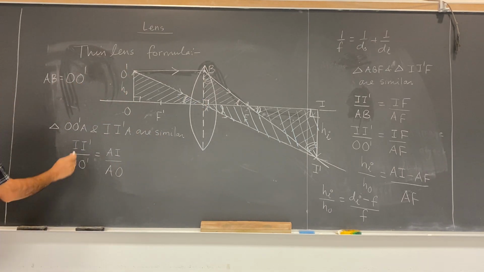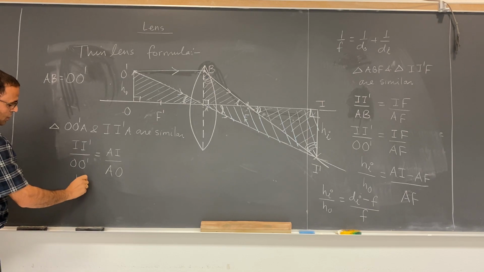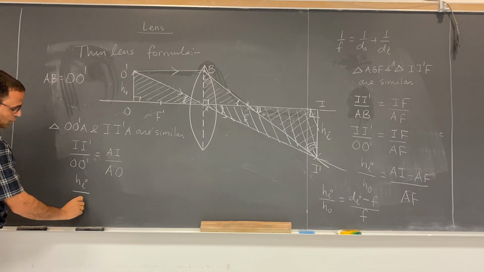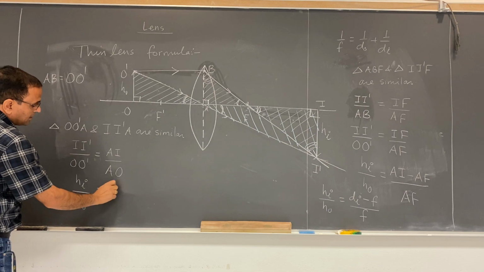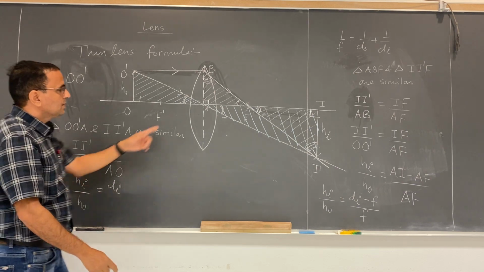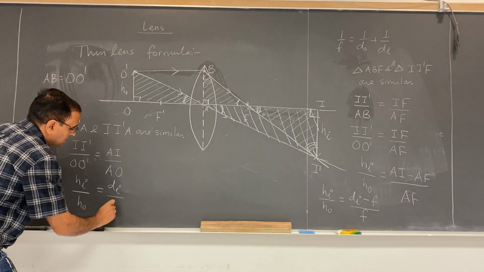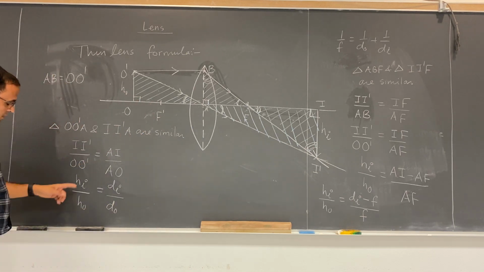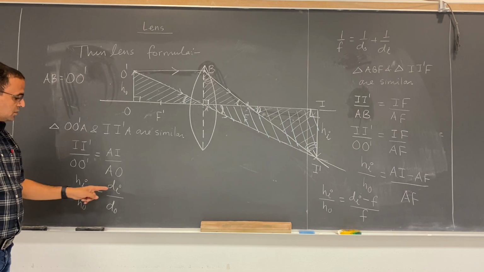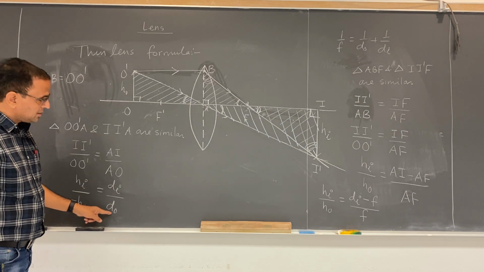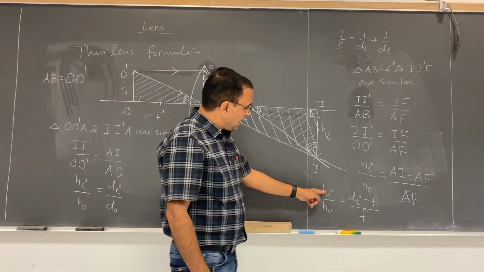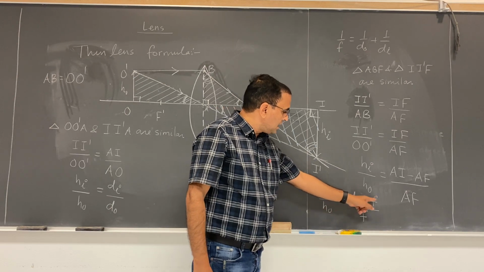Okay, so I prime, that is HI. O prime, that is HO. And AI is the image distance. And AO is the object distance, this is d_O then. So HI divided by HO is equal to d_I divided by d_O. And here also you have HI divided by HO equal to d_I minus F divided by F.